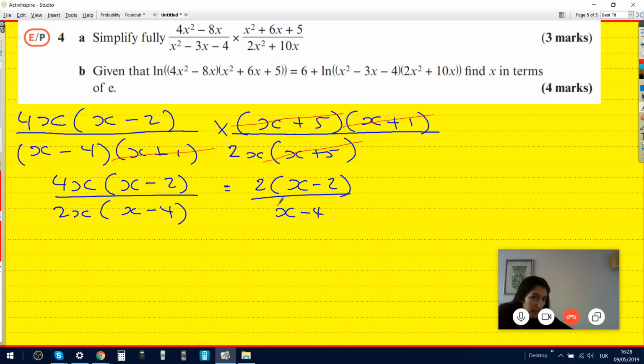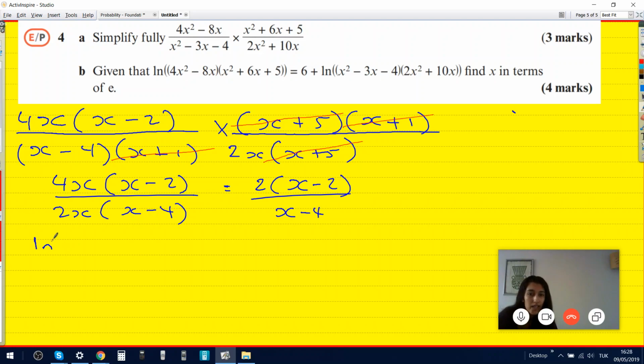So can we put like 2x minus 2 there? I would put the two lns together on the same side. So ln of that minus 6 minus ln of.